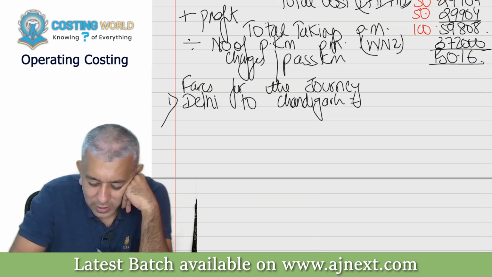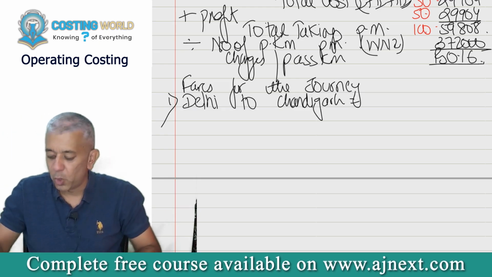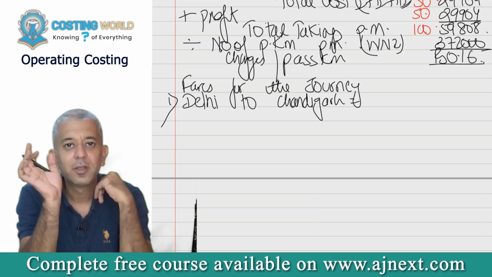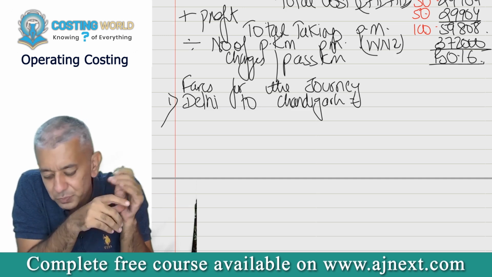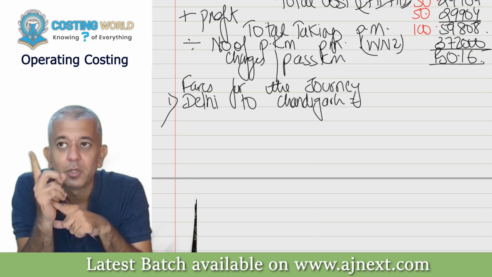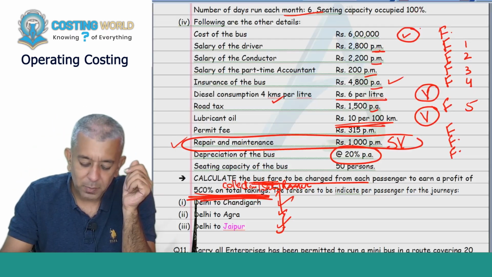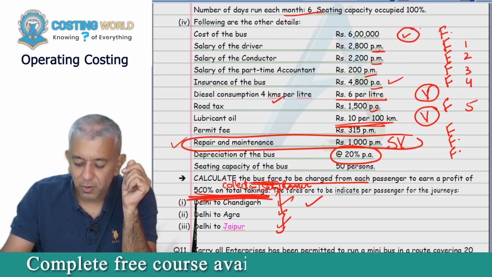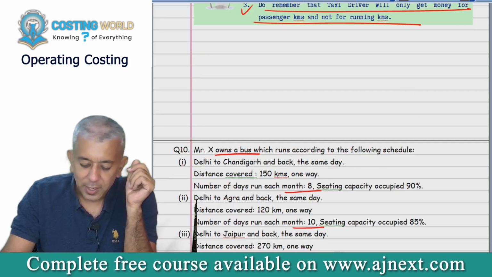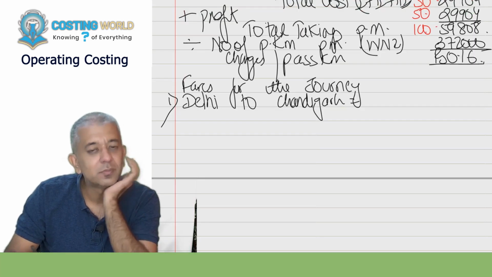Chandigarh is the place I belong to also. Now, listen to me very carefully. We are going to be charging 16 paisa to one passenger for 1 kilometer. But the problem tells us to find out the rate from Delhi to Chandigarh. Can you say Delhi to Chandigarh is 150 kilometers one single way?